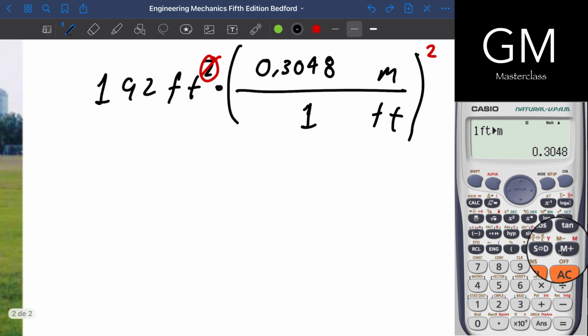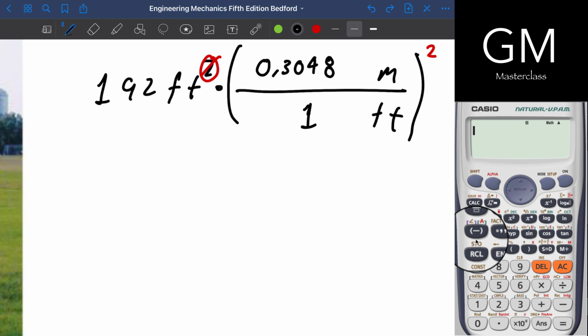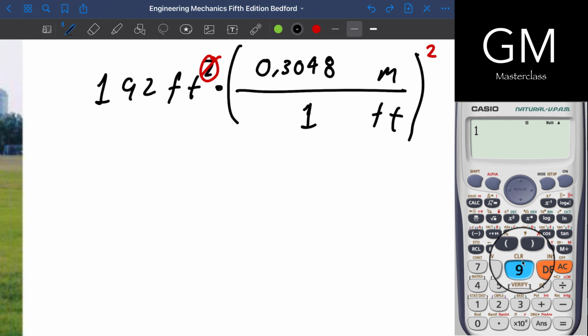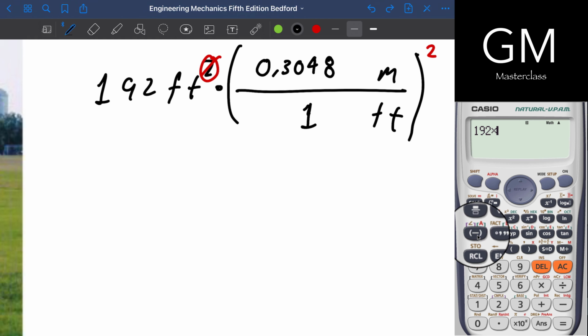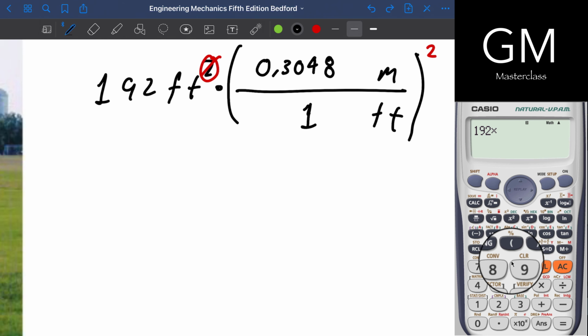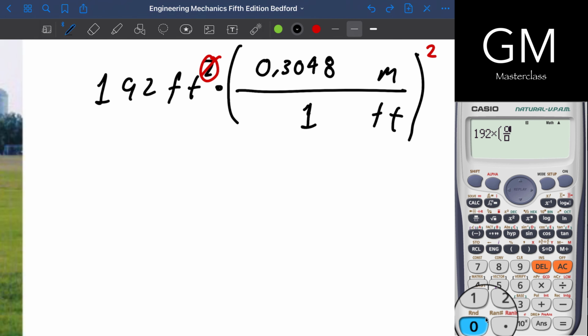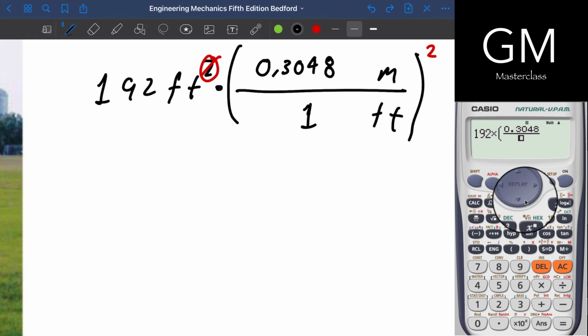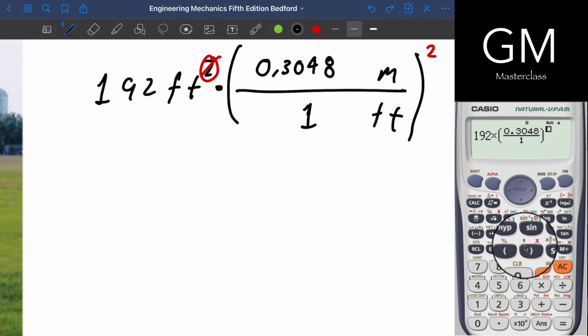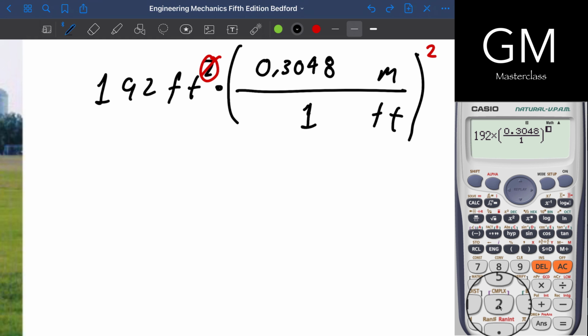So I'm going to write this down on the calculator. Times 0.3048 and 1 to the second power.